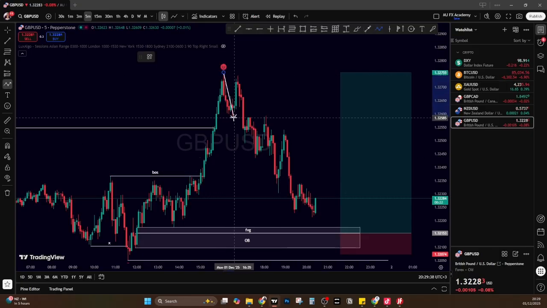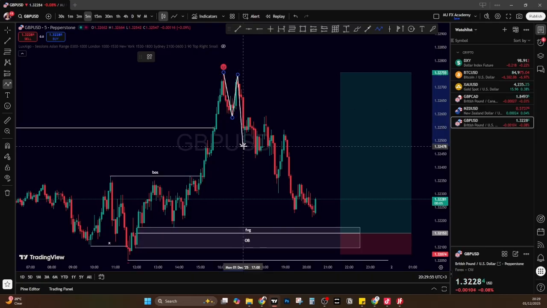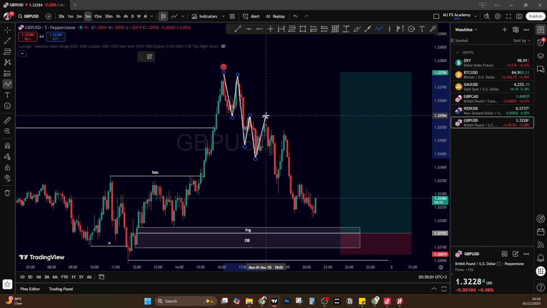When it created this higher low, it was not able to create a higher high. Instead, it created this lower high, lower low, lower high.